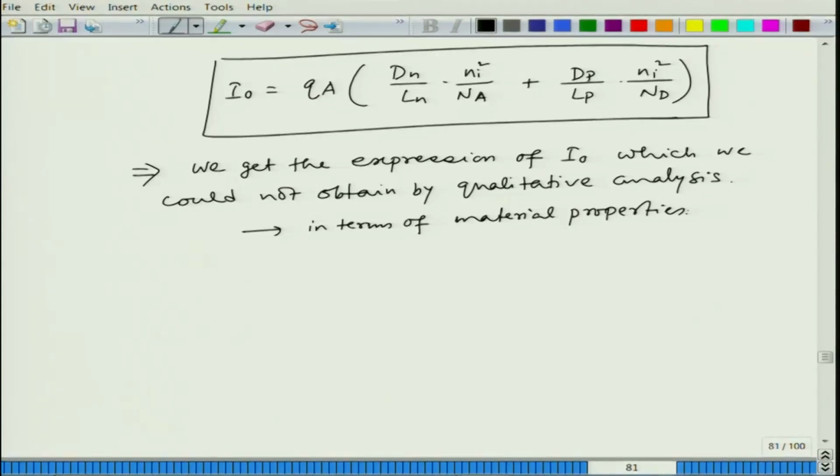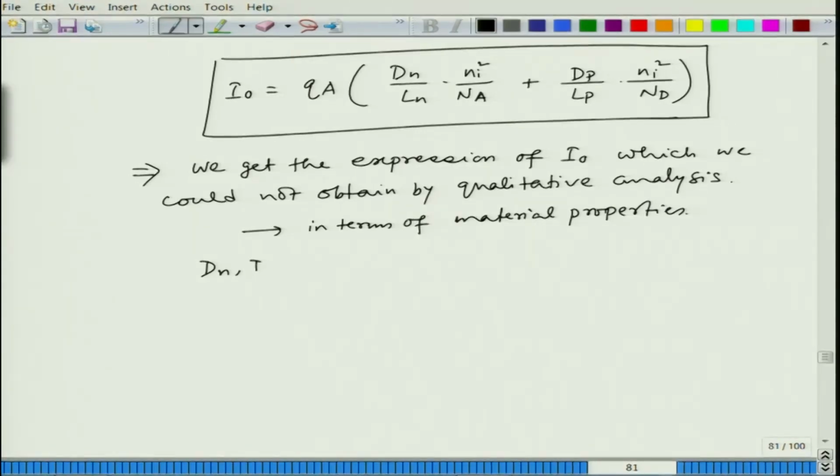What I mean by material properties is that all these, Dn, which is the diffusivity or diffusion coefficient of electrons in the material, if it is silicon, then for silicon. That is the diffusion coefficient of electrons. Dp is the diffusion coefficient of holes.